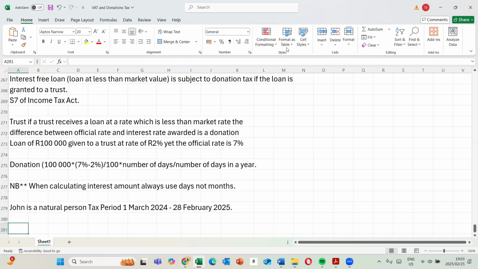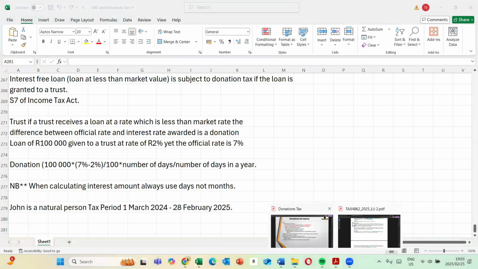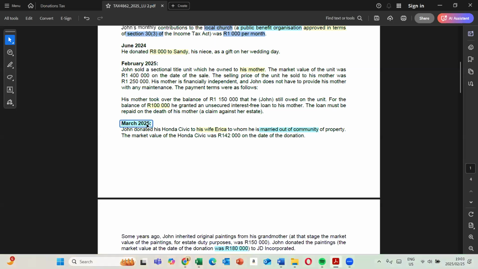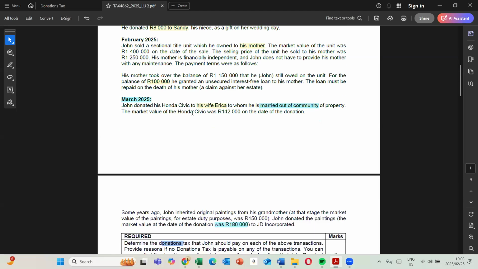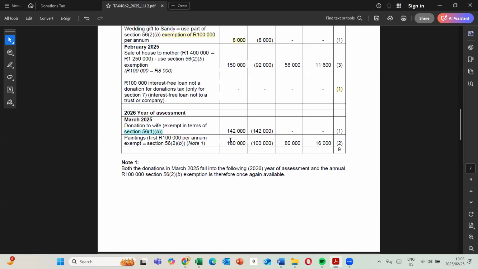So because this donation is for March 2025, which is another period now, that means each and every year John is getting a 100,000 exemption. So he made a donation of 142, that means now he qualifies for that 100,000.